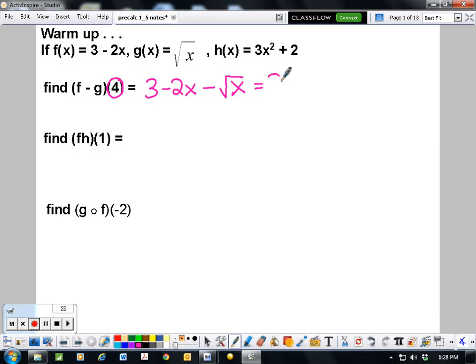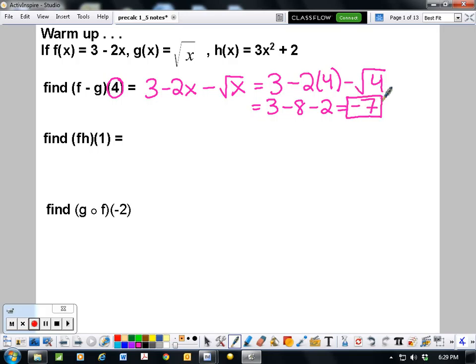So this turns into 3 minus 2 times 4 minus the square root of 4. And then I simplify as much as possible. So 3 minus 8 minus 2 gives me negative 5 minus 2, which is negative 7. And there's our solution.